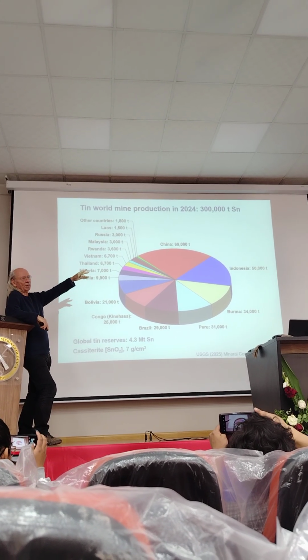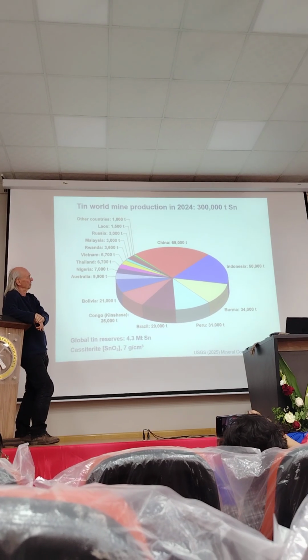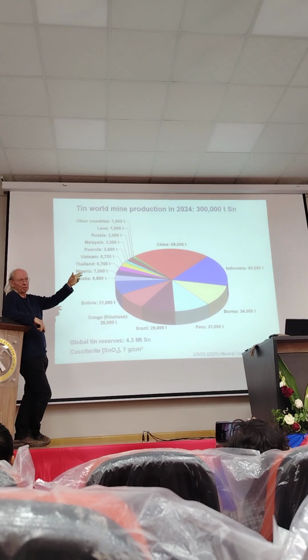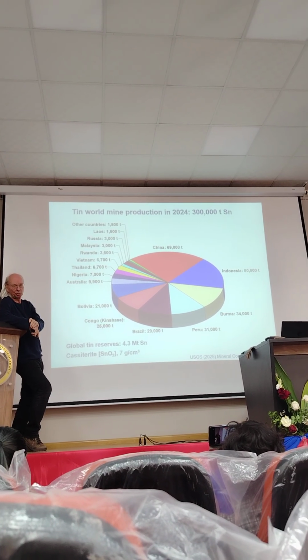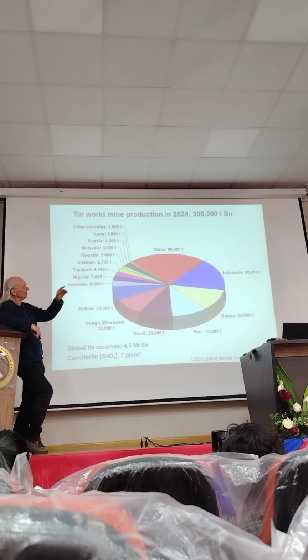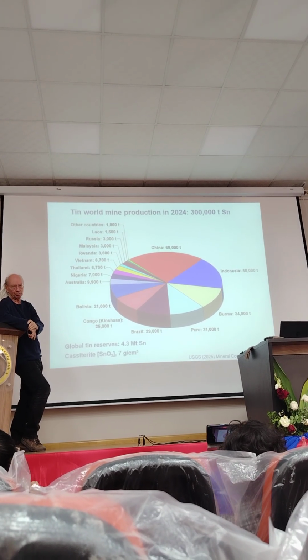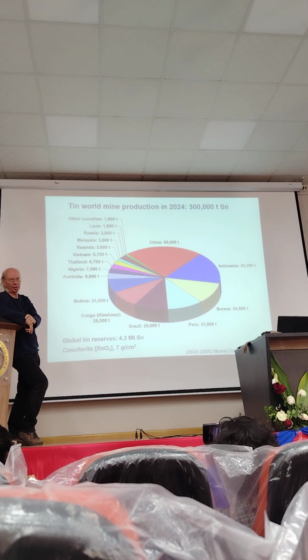These two countries have very different sources of tin mining. Actually, China produces its tin mainly from primary hydrothermal tin deposits, but Indonesia produces all of its tin from placers around the Sunda Shelf area.